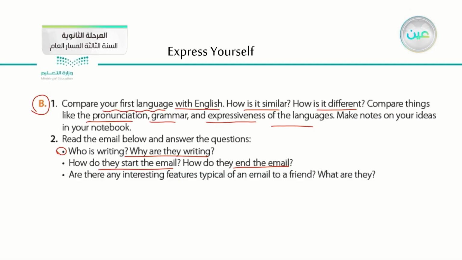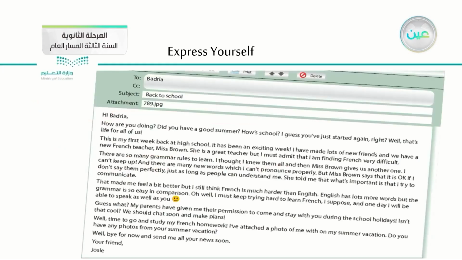And I also want you to focus on any interesting features typical of an email to a friend, and what are they. Now we have an email from Jose to Badria. So the receiver is Badria and the sender is Jose.